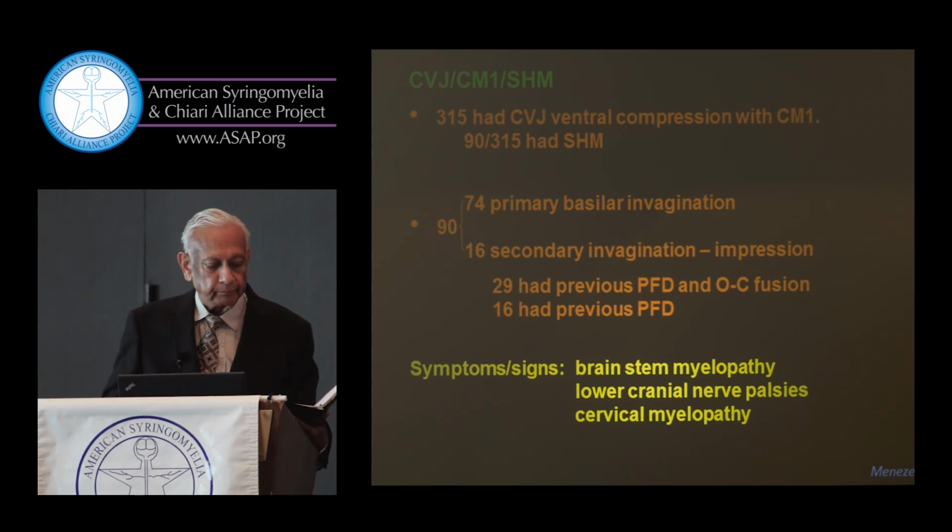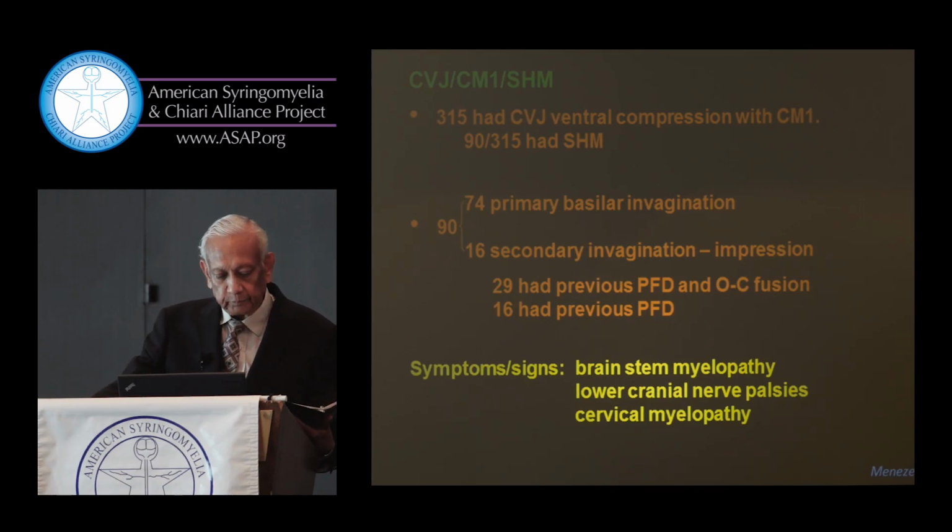90 patients had a syrinx. Of these 90, those are the patients who had Chiari, syrinx, and bony abnormalities. 74 had a primary bony basilar invagination. Again, think about it, pumpkin on a spike.